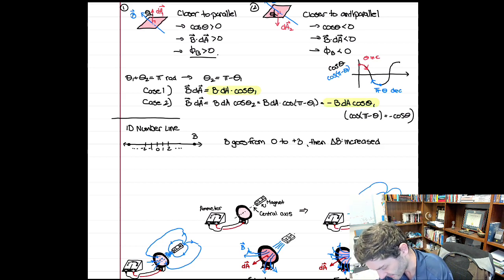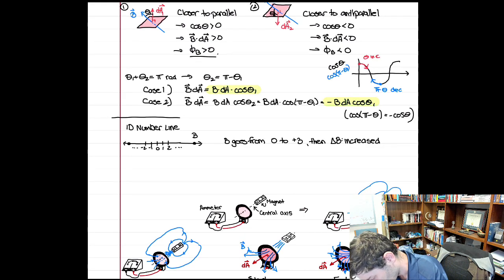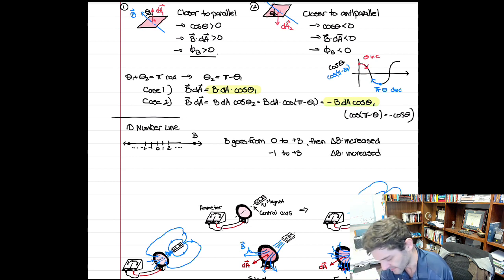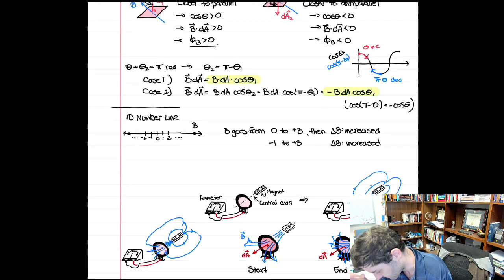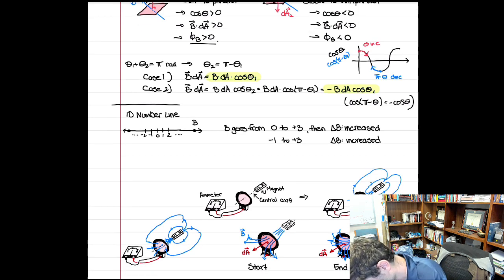The magnitude has increased. If B goes from negative 1 to positive 3, then again B has increased. It's going in the direction of the positive numbers. If you go from plus 3 to 0, then delta B has decreased.